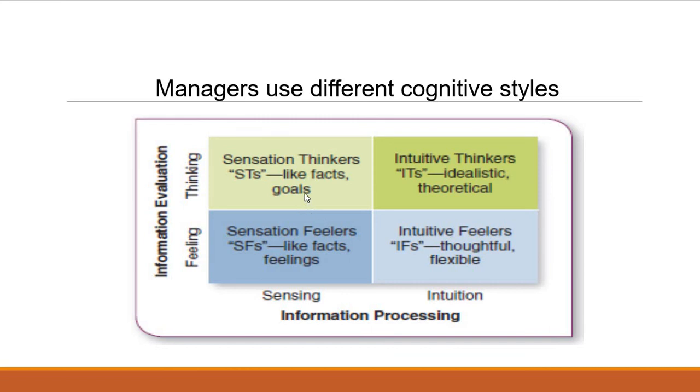They like facts. They have clear goals. They are not uncertain when it comes to their intuition or their awareness, or their beliefs. They are in control of the situation, the sensation thinkers.